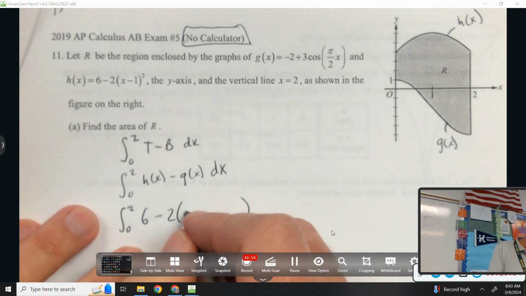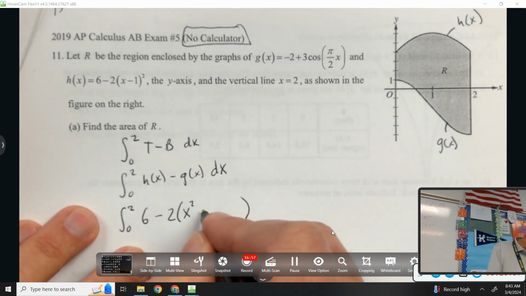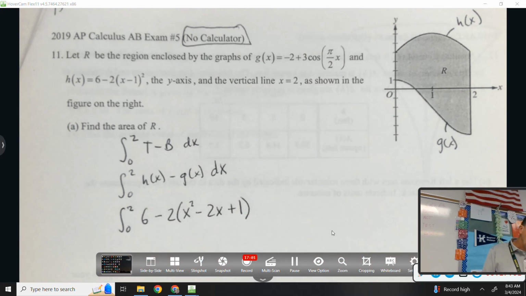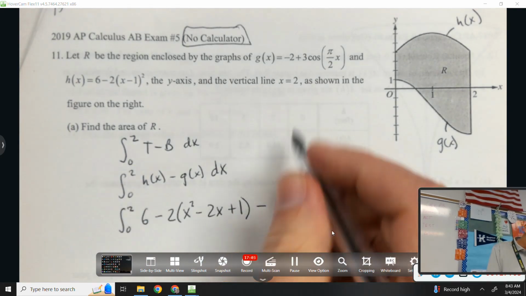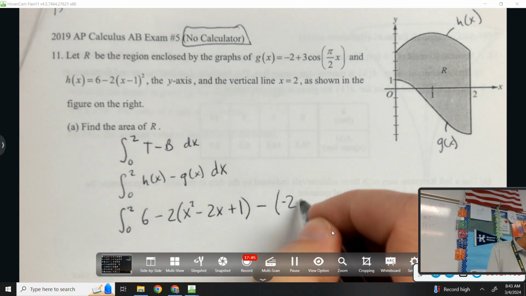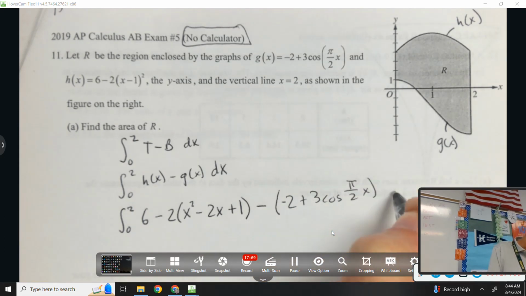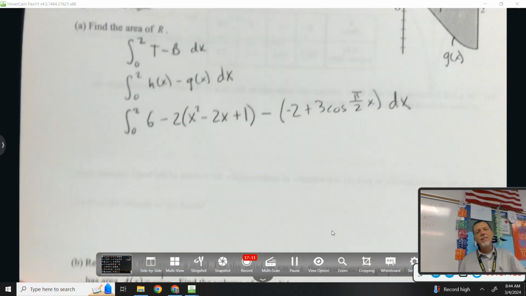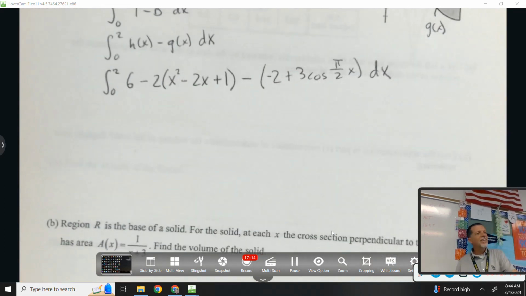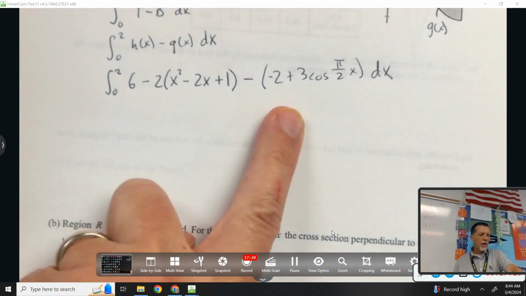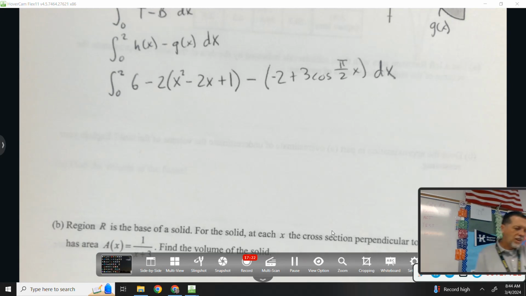I think it would be easier if I took the antiderivative of x squared minus 2x plus 1, minus -2 plus 3 cosine pi over 2x. So this is just an annoying problem to test if I can take the antiderivative of some power rule things and a cosine thing.